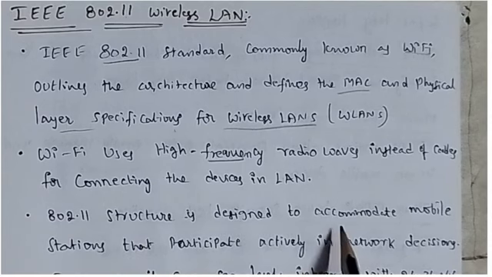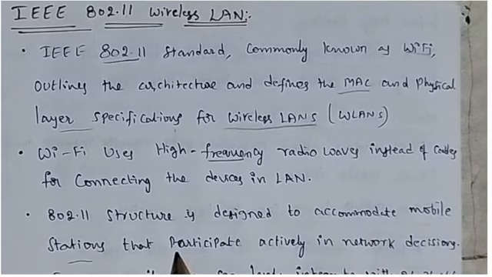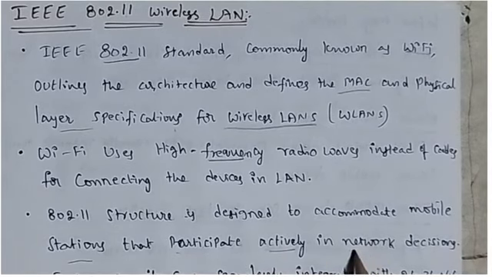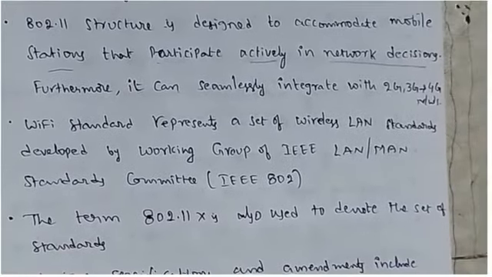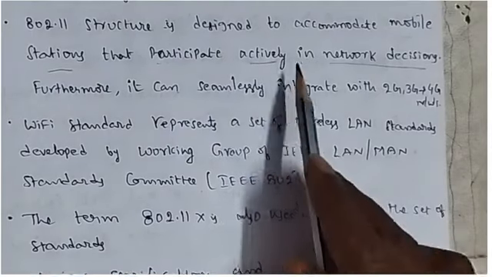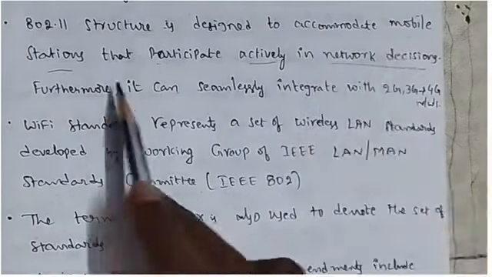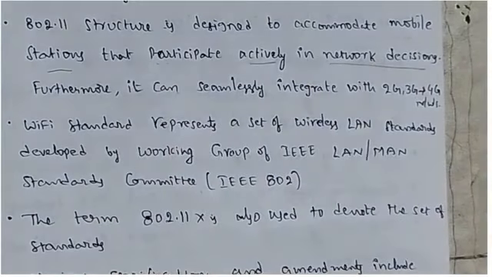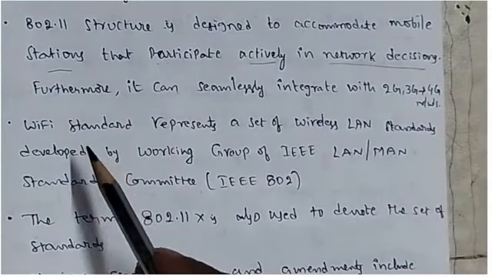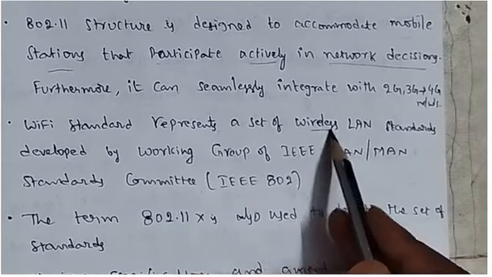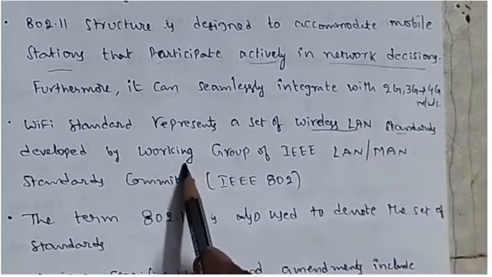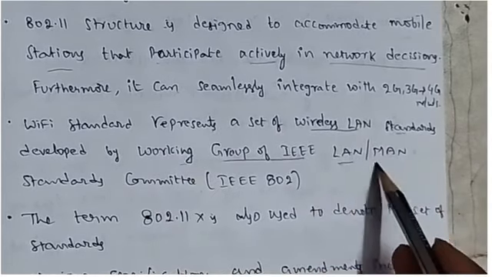The 802.11 structure design accommodates mobile stations that participate actively in network decisions. The Wi-Fi standard represents a set of wireless LAN standards developed by the working group of IEEE LAN or MAN.